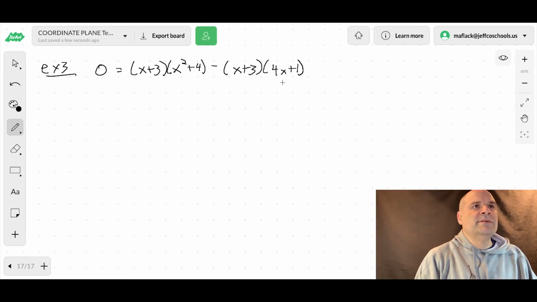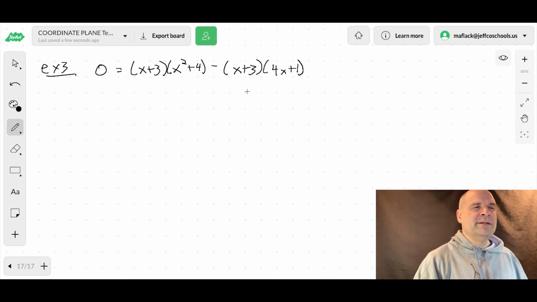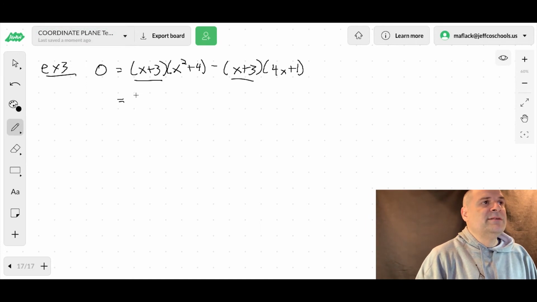Now you kind of have to open your mind here. This is really two things being subtracted, and these two big chunky terms have something in common. They both have an x plus 3 in common. So we're going to take out this common factor, x plus 3.